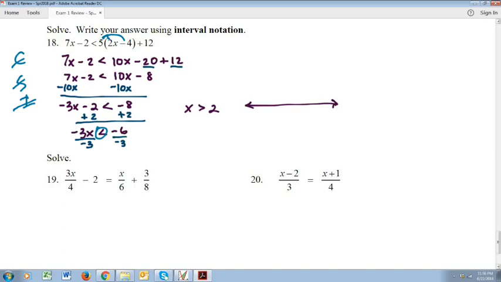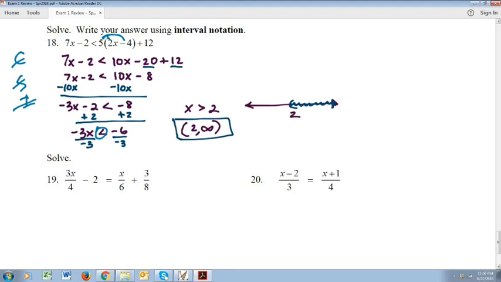X is greater than 2. We're going to shade everything to the right of 2. Notice we're using parentheses because 2 is not part of our set of numbers. X is greater than 2 represents the numbers that are bigger than 2 and doesn't include 2. So finally, in interval notation, that's 2 to infinity.